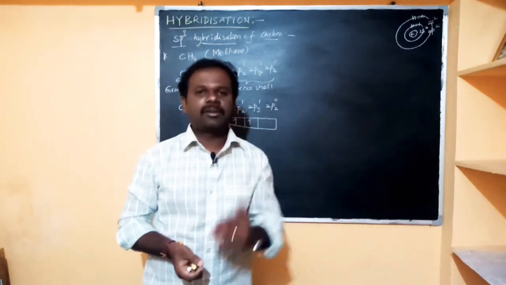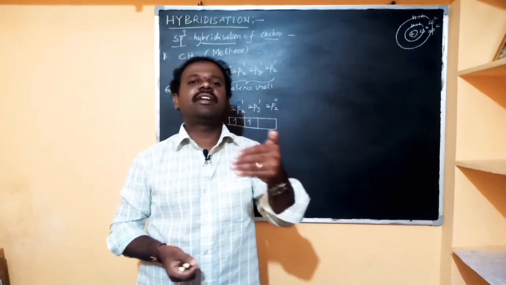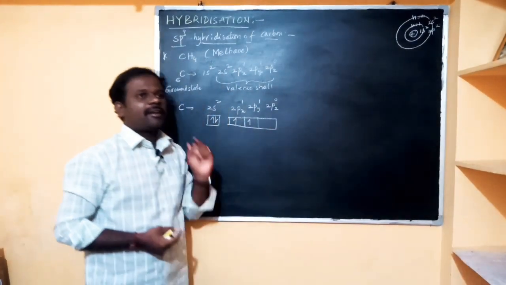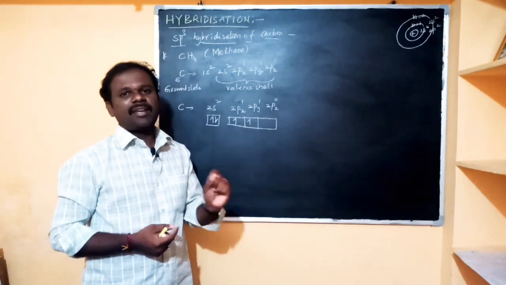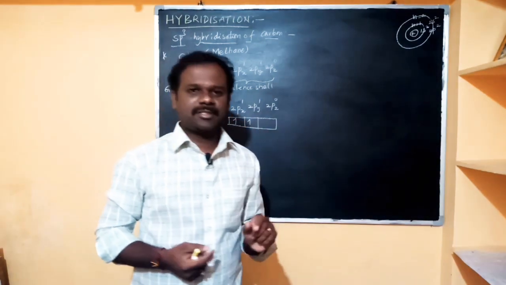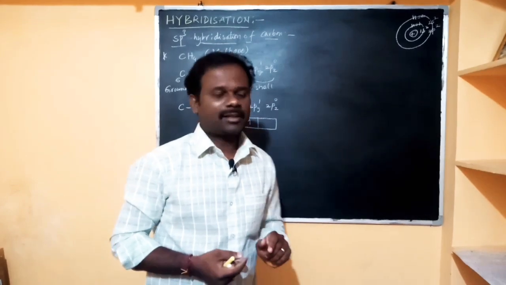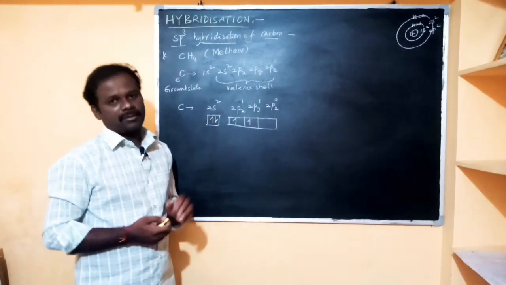There is a theory that the number of unpaired electrons is equal to the number of covalent bonds. Covalent bond formation takes place by the mutual sharing of electrons.